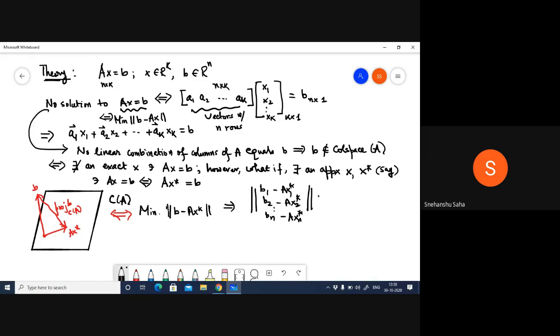So in other words, what you are trying to do, and this is a least squared distance, is you are squaring up the distances and taking the sum of all of that.